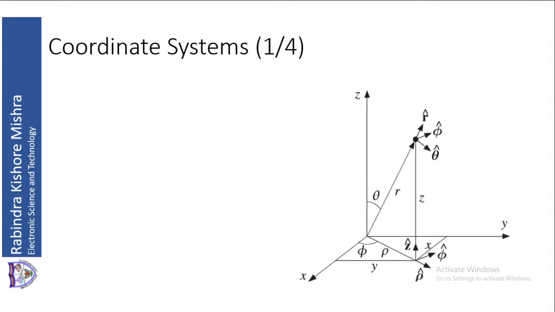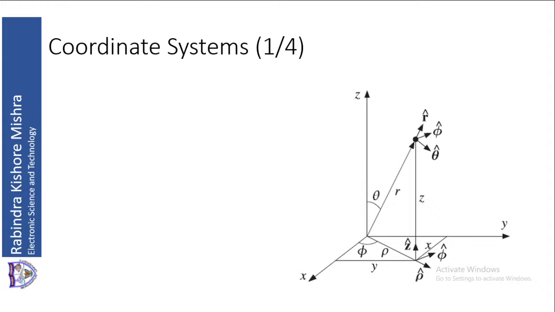This position vector makes an angle theta with the z-axis. Now from the point, let us drop a perpendicular onto the xy plane. If I join the origin to the point where it meets the xy plane, that we call rho. Or you can say that the projection of the vector r onto the xy plane is rho.